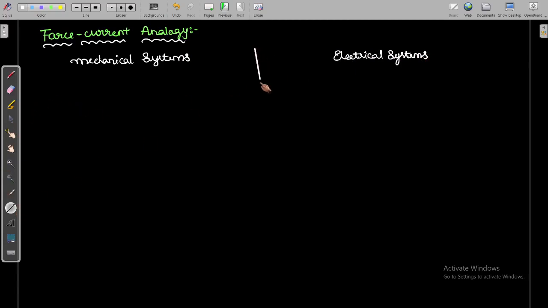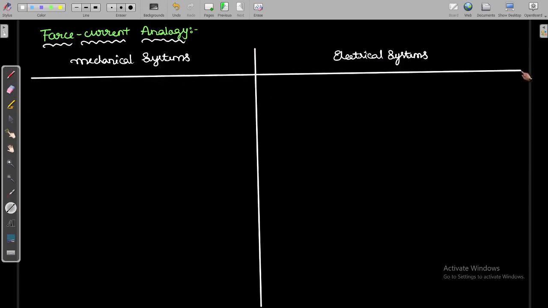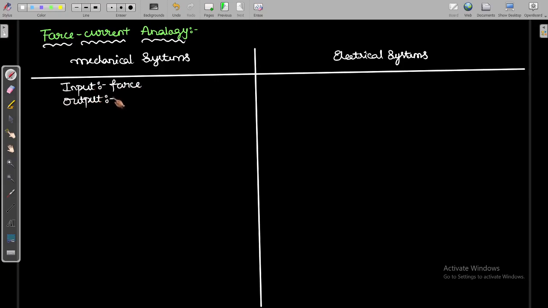So we can write the input for the mechanical systems is force, and the output we are expecting is velocity. That is common in the two cases. So here the input will be changed. The input will be a current.